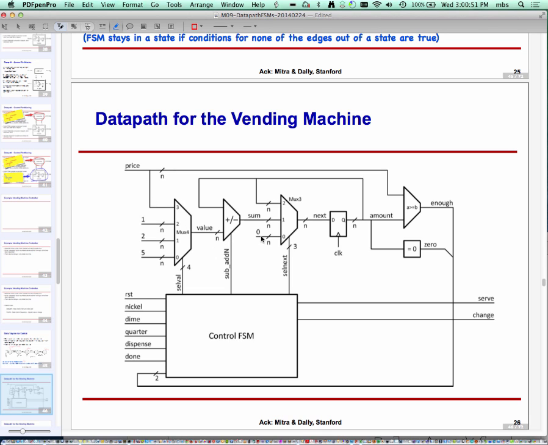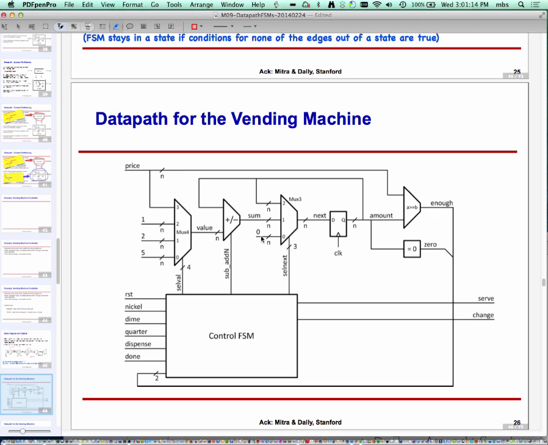So intuitively, if you think about it, my data path has to be able to do the following operations. Every time there's a coin deposited, I have to update the money I have. So if a quarter is deposited, then I have to add 25, or for a nickel, 5, and so on and so forth. Then another operation I have to do is to compare against the price.